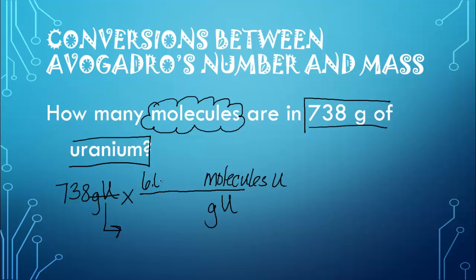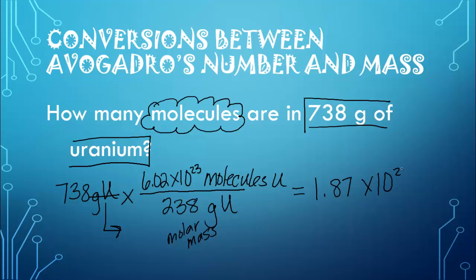So 6.02 times 10 to the 23rd molecules of uranium. Grams of uranium, again, remember you look up, it's been a while since I told you, it's the molar mass. So grams of uranium is 238 grams, and that equals 1.87 times 10 to the 24th molecules of uranium.